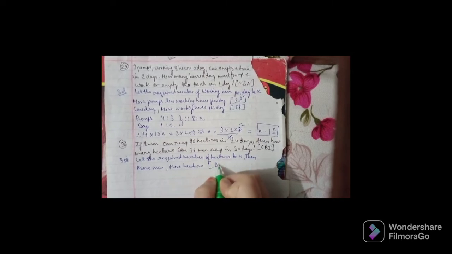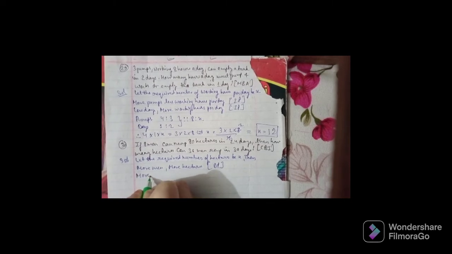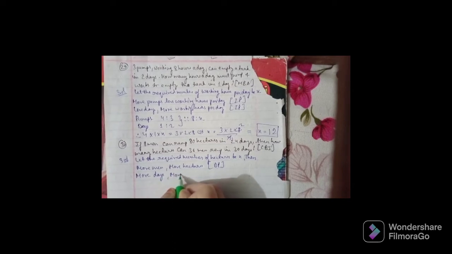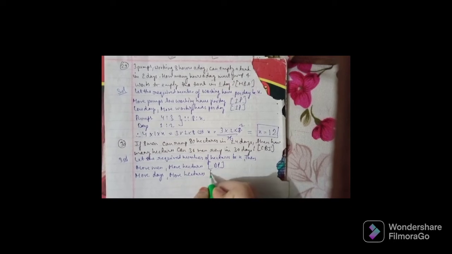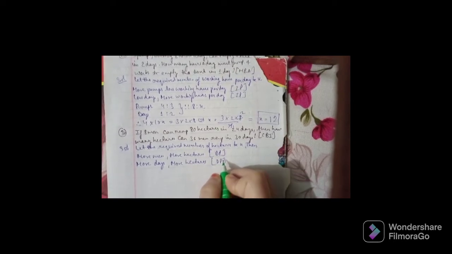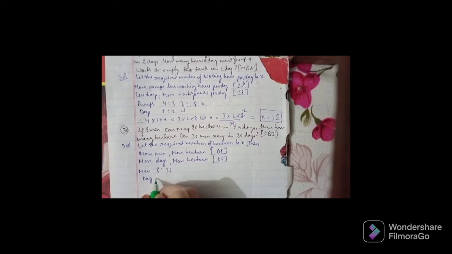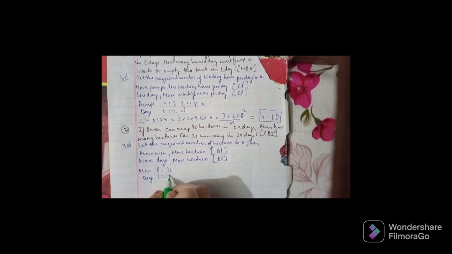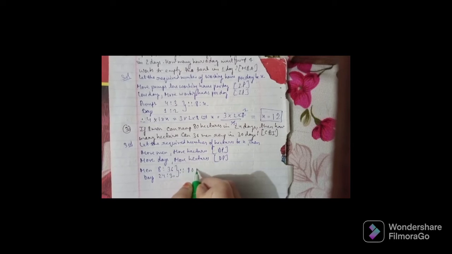This is direct proportion. More days, more hectares. That also comes under direct proportion. So we have men 8 ratio 36 and days 24 ratio 30, and that is 80 ratio x.